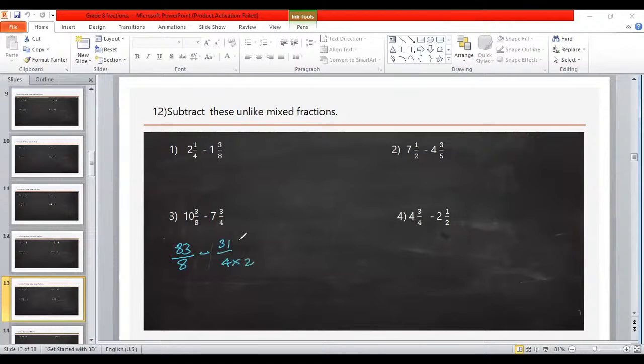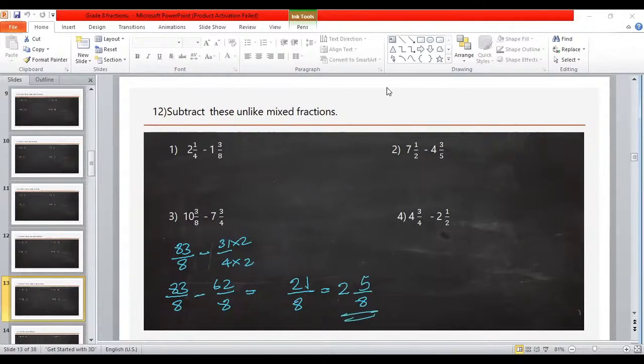Converted to common denominator, 83 over 8 minus 62 over 8. Subtract then 3 subtract 2, 1. 8 subtract 6, 2, 21 over 8. That is 2. How many 8s are there for 21? That is 2. Remaining 5 over 8 is the answer. 2 and 5 over 8.